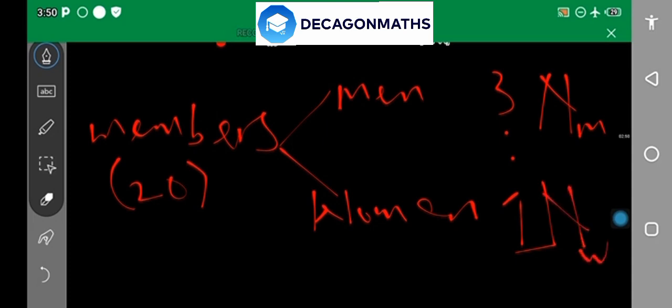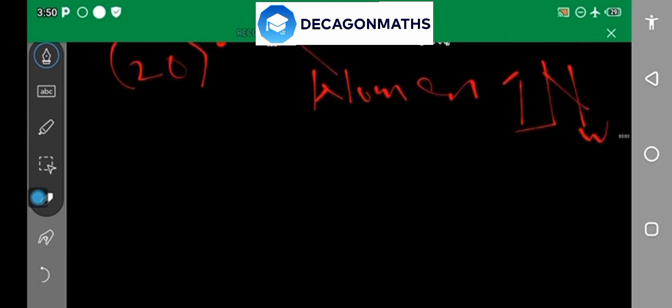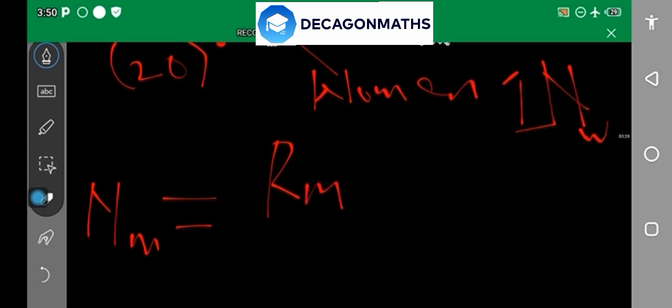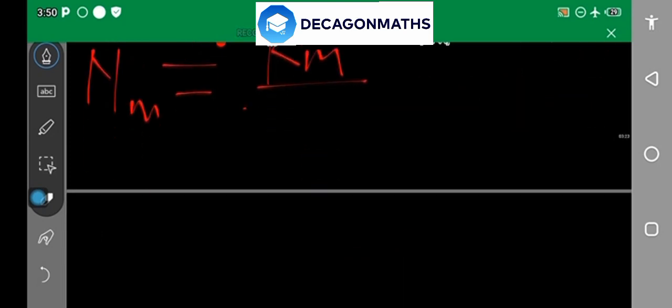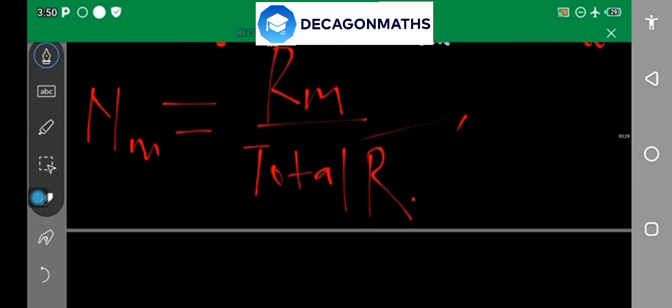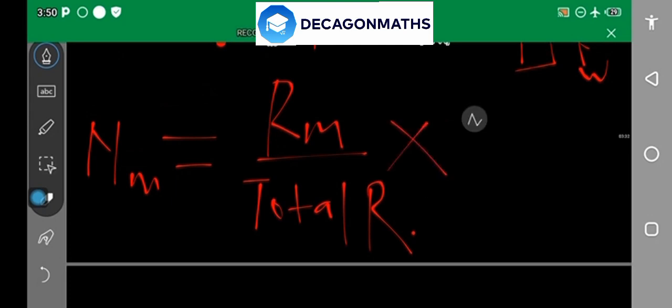Given this ratio and the total number of members of the committee, to calculate the number of men, NM is equal to the ratio of men over the total ratio, multiplied by the number of committee.